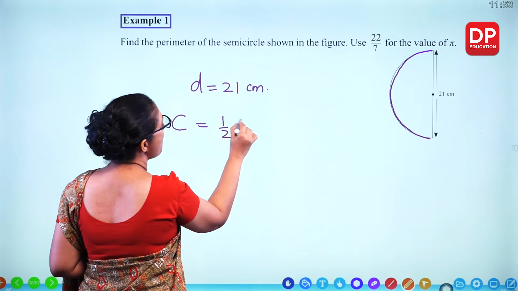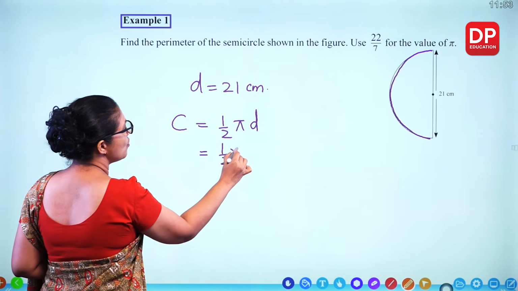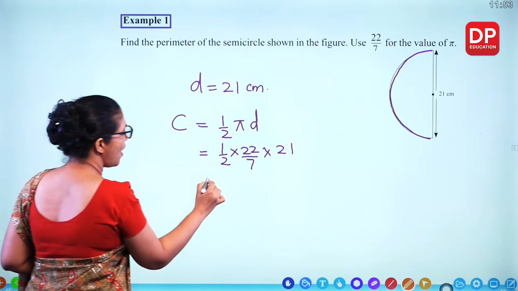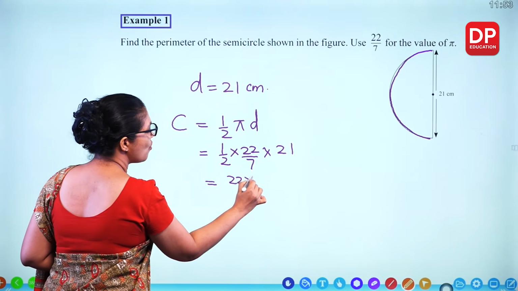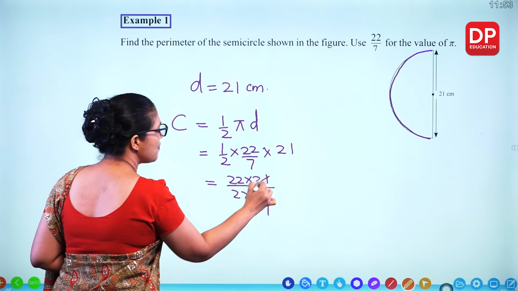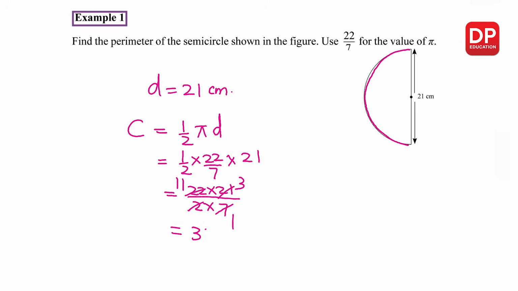Half into pi d. Half into 22 over 7 into d, which is 21. You get 22 into 21 over 2 into 7. 7 times 3, 2 times 11. So that's 33 centimeters for this semicircular part.